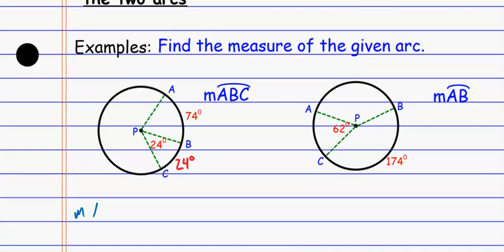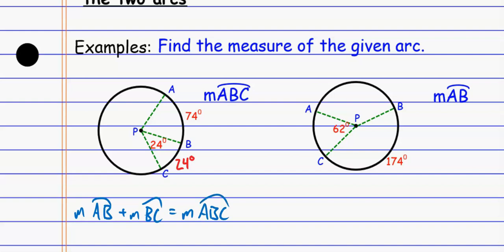And if I were to add these together then, using arc addition, if I write this out officially, the measurement of arc AB plus the measurement of arc BC is going to equal the measurement of arc ABC, okay?